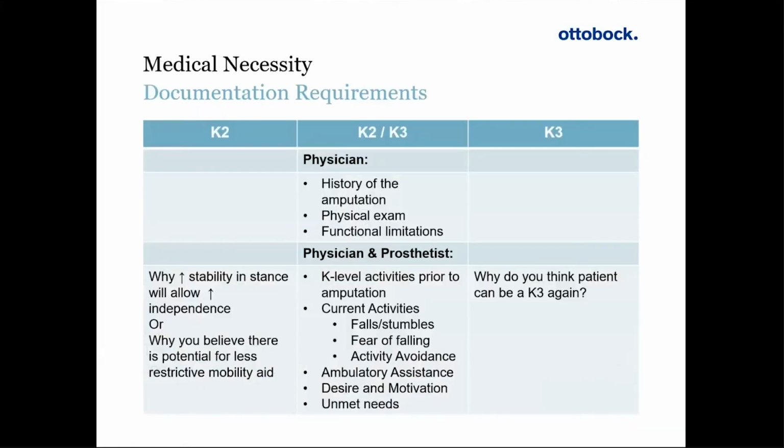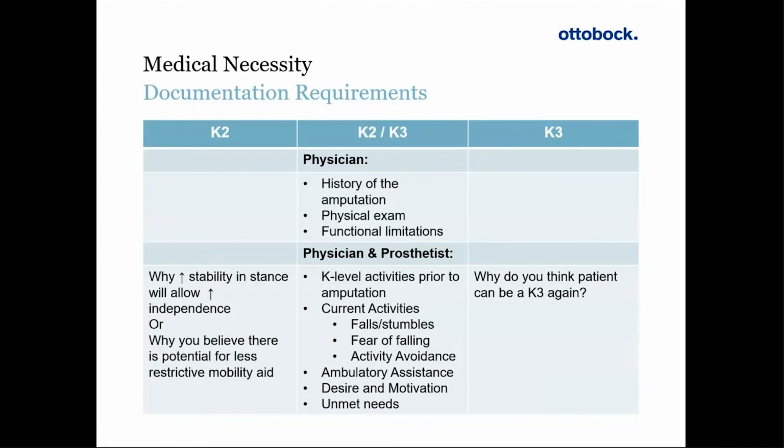So I wanted to give you a visual chart. You don't need to go through all of this, but it is really looking at documentation requirements between K2 and K3, and then K3. What would the physician require, as well as the physician and prosthetist notes? During documentation reviews of our prosthetist notes, we are seeing a lack of activity related to maintaining that K3 functional status or the potential for K3.